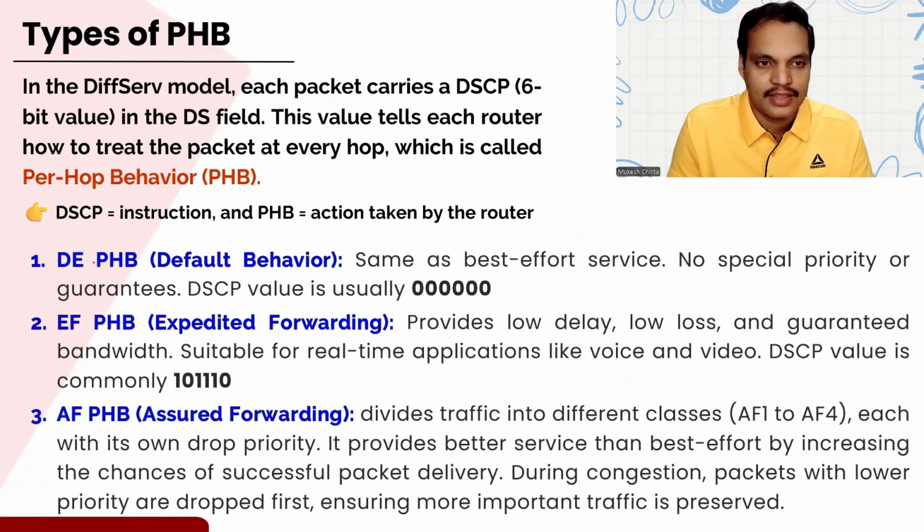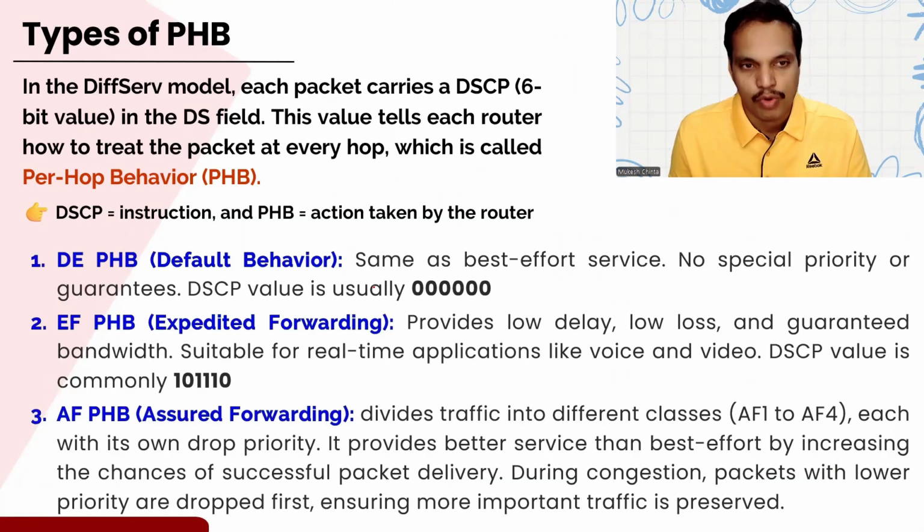So these are the 3 types of PHBs that are defined by the DiffServ model. So default, expedited and assured. Default is nothing but the same as your best effort service. Okay. These are the ones which will be given by the routers to the packets based on their values in the DSCP field.